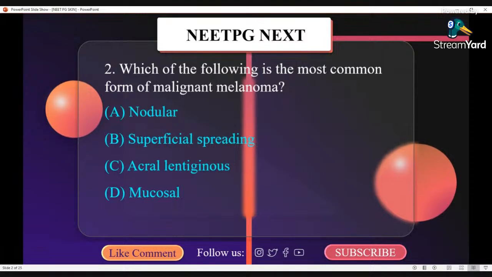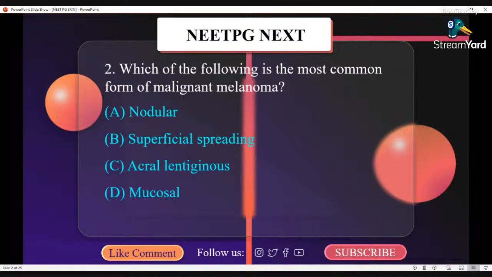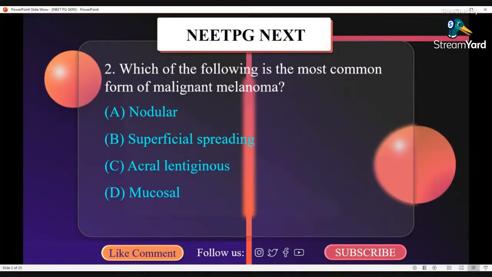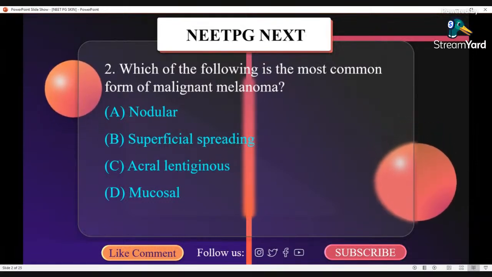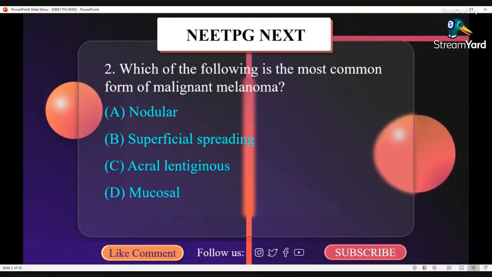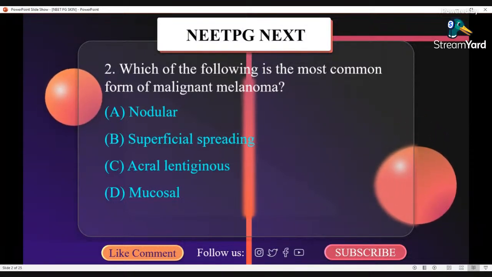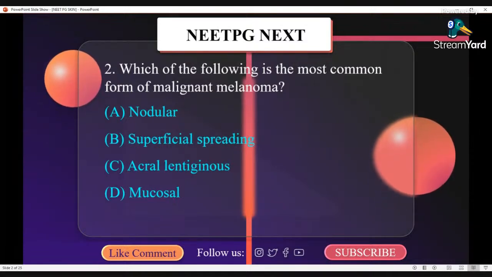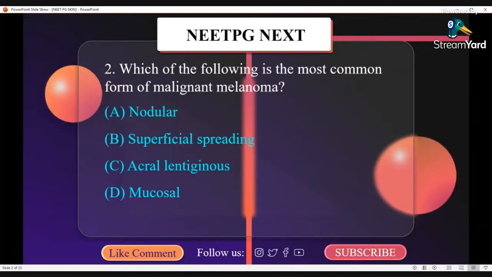Types of malignant melanoma. The different types of malignant melanoma are superficial spreading melanoma, nodular melanoma, lentigo maligna melanoma, acral lentiginous melanoma, and amelanotic melanoma.